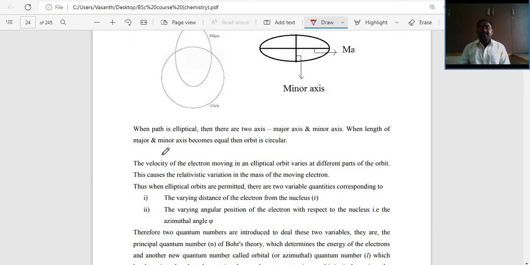When the path is elliptical, then there are two axes, the major axis and the minor axis. When the lengths of the major and minor axis become equal, then the orbit is circular.